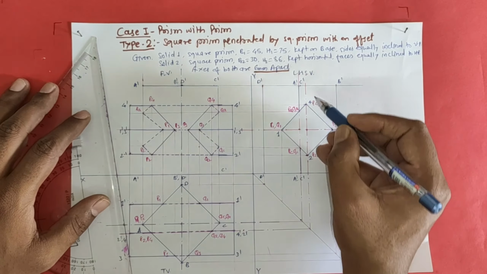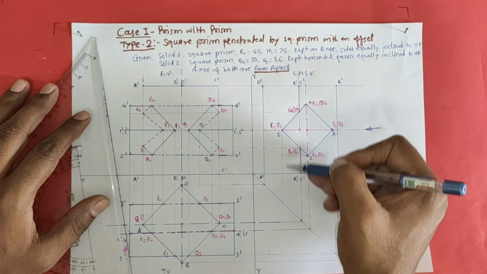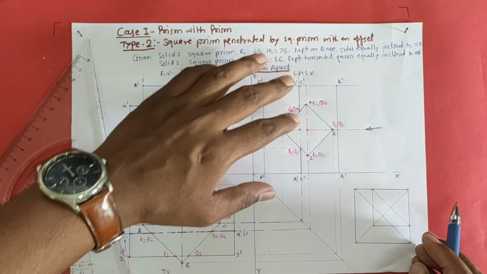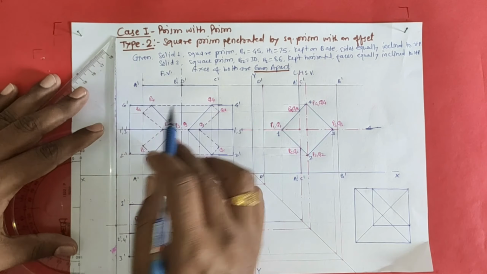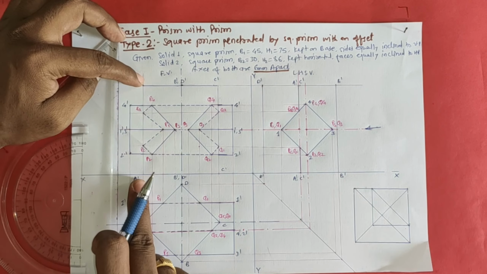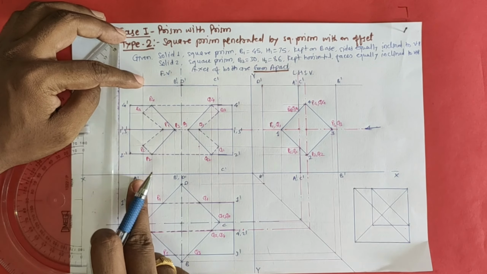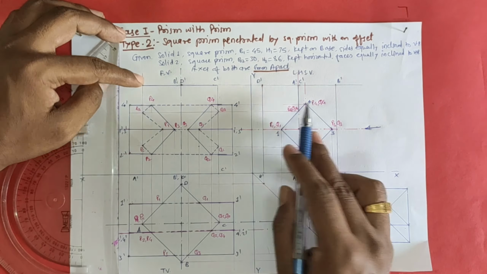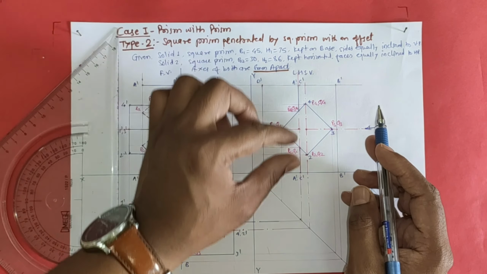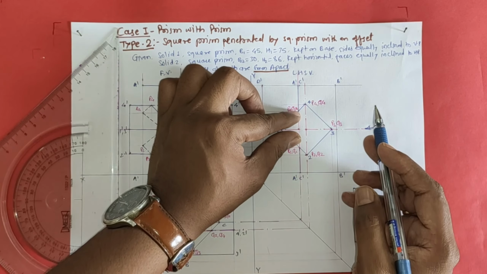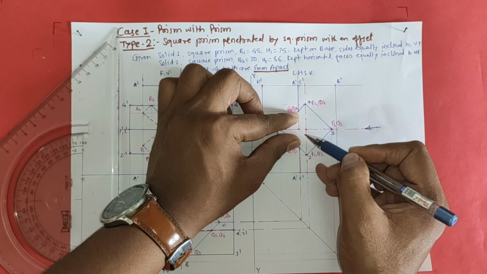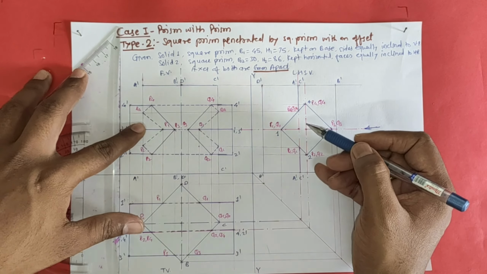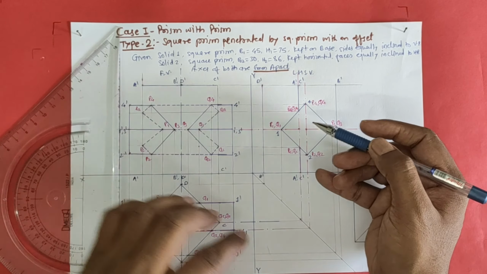Now see, I have this A dash edge of this vertical prism. So see here it is the A dash edge. How much part am I going to see? So see, in the side view up to this point, we have only this A dash point line. Here there is no line for A dash, so I am not going to join it as a line.